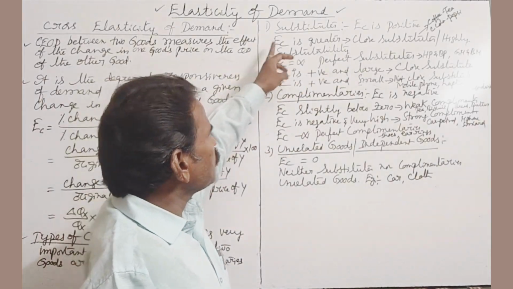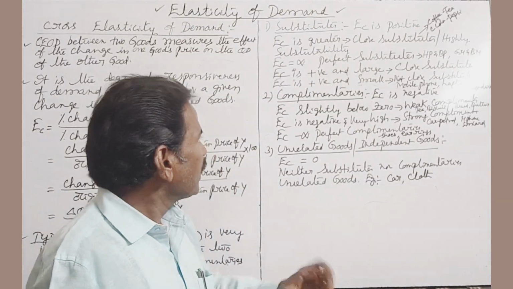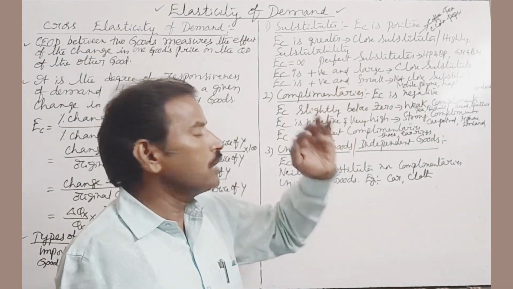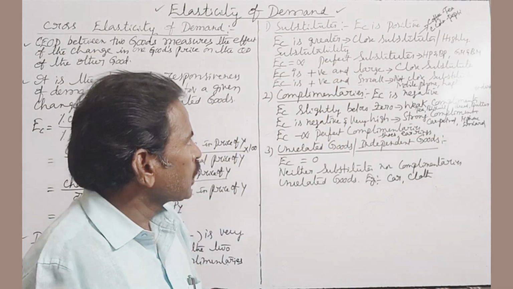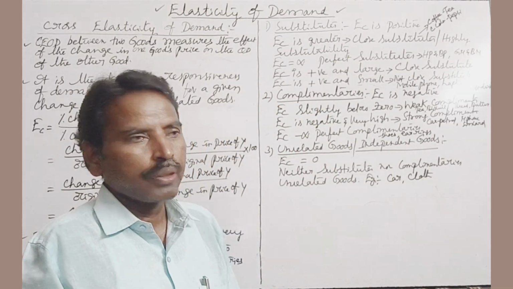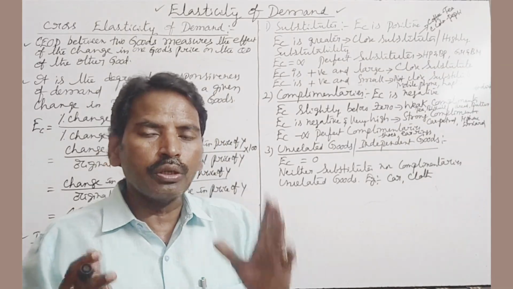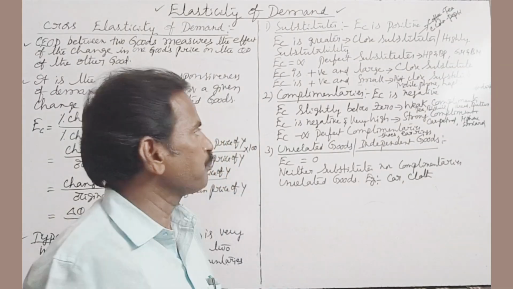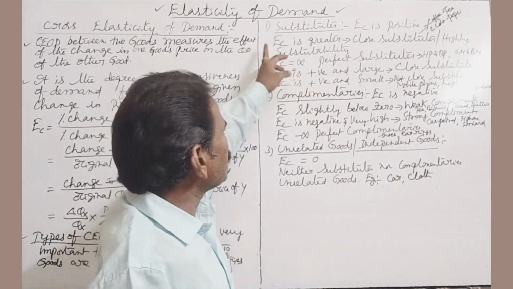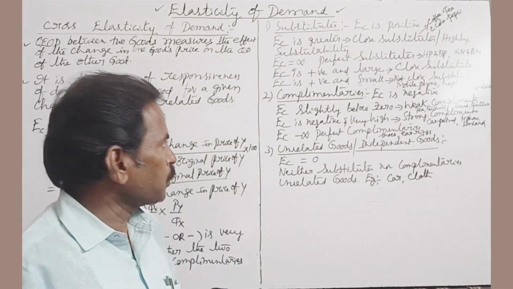If EC is greater, that means goods are close substitutes or highly substitutable, for example Coca-Cola and Pepsi. So close substitutes are highly substitutable goods, and EC is greater.